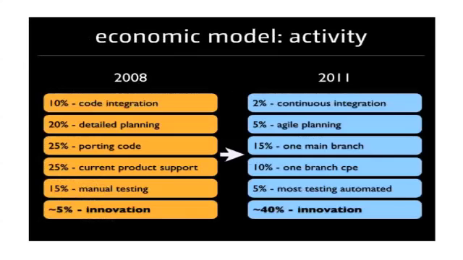And they had a problem. If you look at where they were in 2008, they went round and recorded how much time people on their teams were spending on the various activities required to build the firmware for new printers that HP were making. And the results are pretty terrifying.